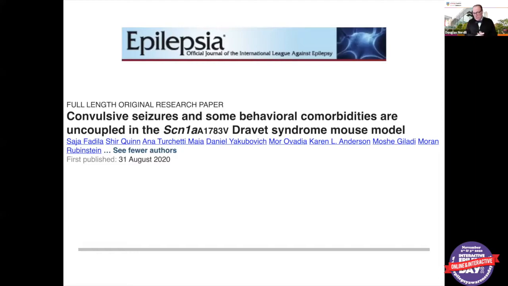So what is the gene mutation? The gene mutation involves a sodium channel in the brain that targets certain brain cells. Because it lowers the function of those brain cells, it hits the brain cells that are inhibitory.